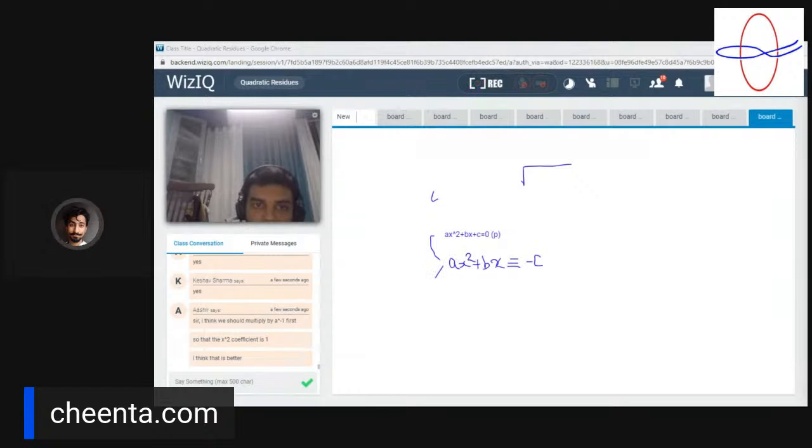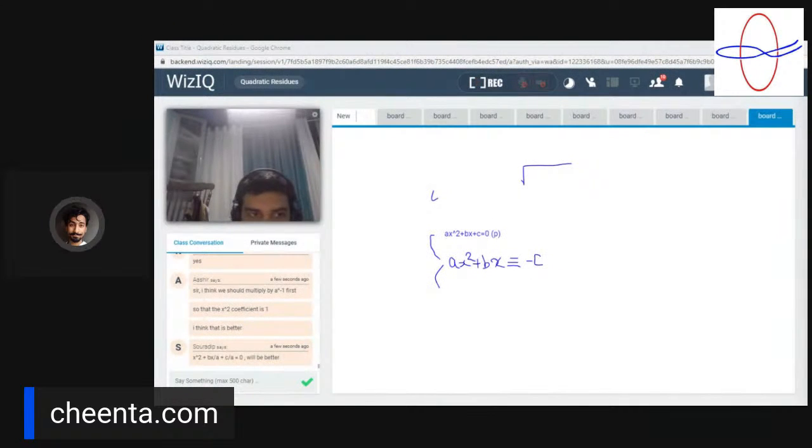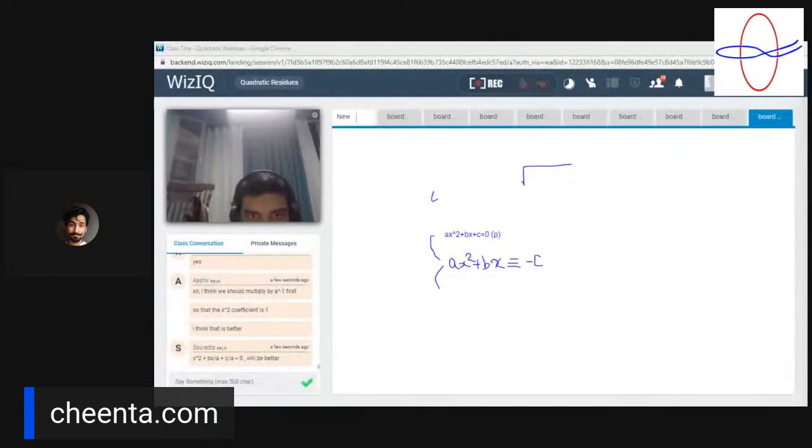That becomes a much more simplified method because you won't have to keep taking care of the a's, but otherwise you can just multiply this whole thing. Sure, let's do it that way actually.